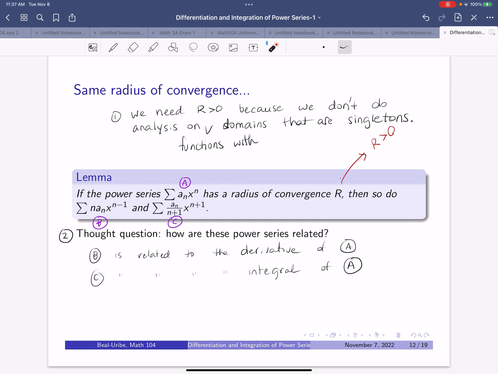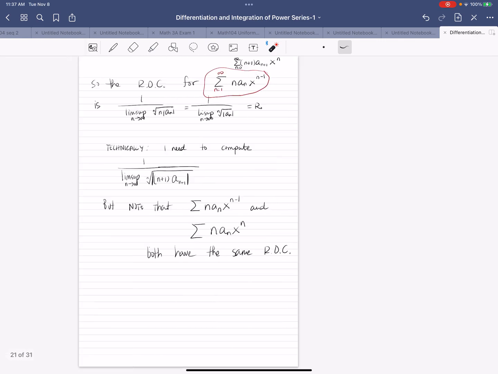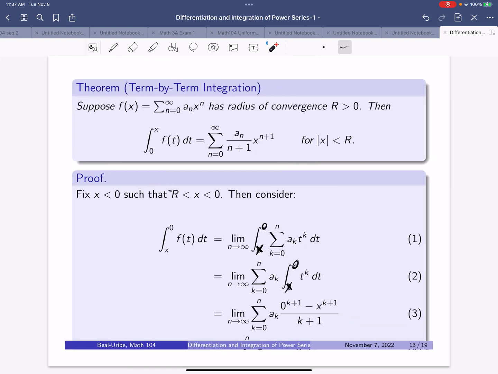So now, let's go ahead and see if we can make a connection between these three power series. The first theorem that we have, this is our first result, it's going to involve integration, right? And we're saying, suppose you have this power series, we're just calling it f of x, and it has a radius of convergence r greater than 0.